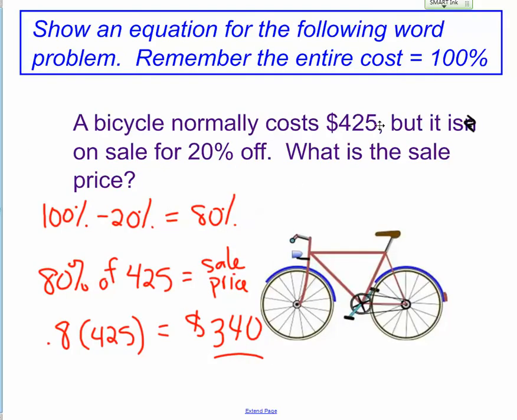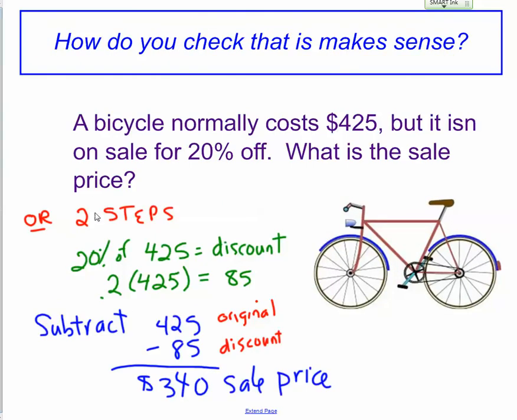All right, now my bicycle's on sale for 20% off. So if I want to do this the fast way, remember the entire original cost of my bicycle was 100%. Well, I can just subtract the discount, 20%, and that means I'm going to pay 80%. And now I just find 80% of 425. 0.8 times 425 is $340. Done. So I can do it in one step, or you can do it in two steps.